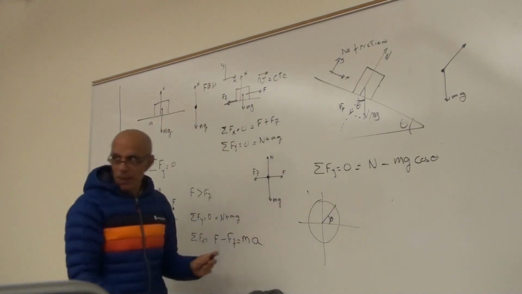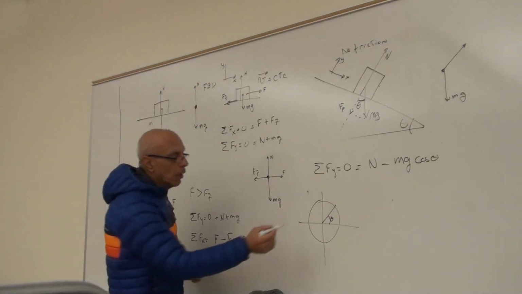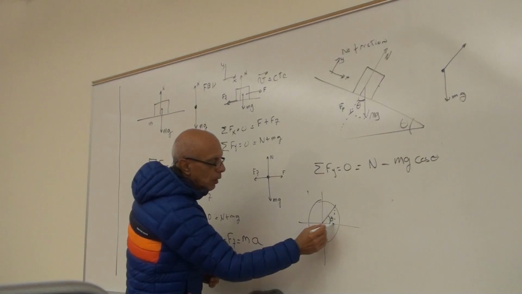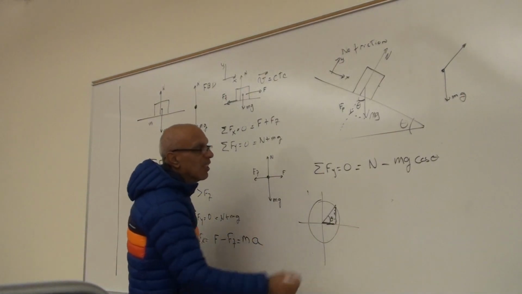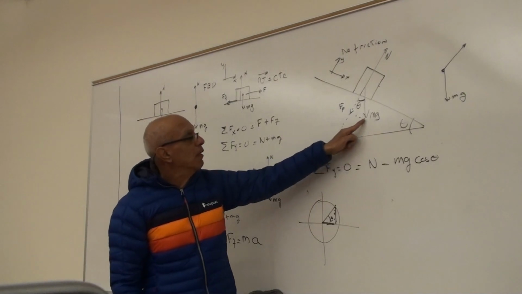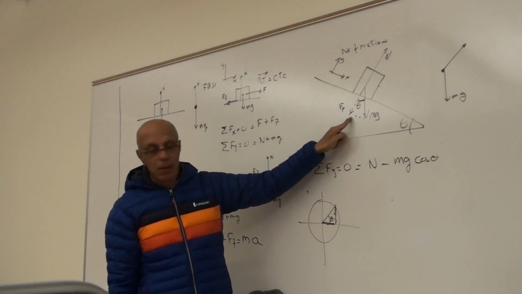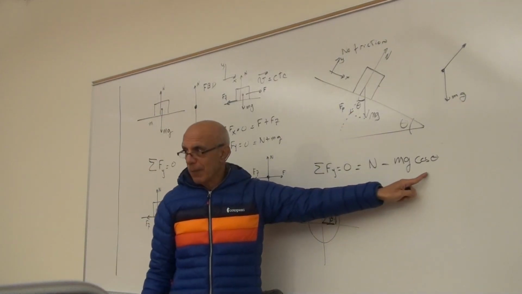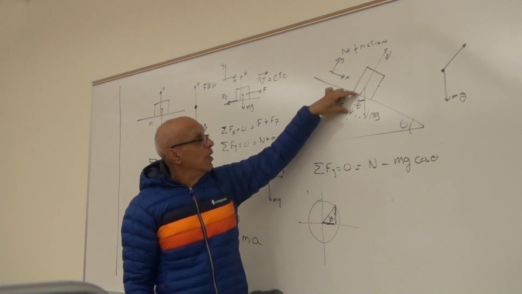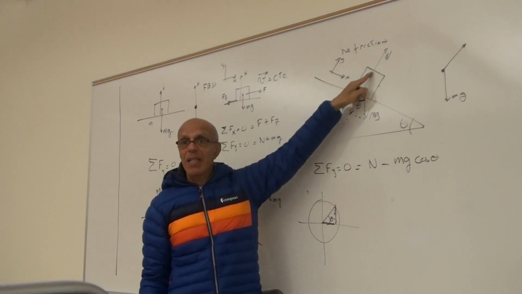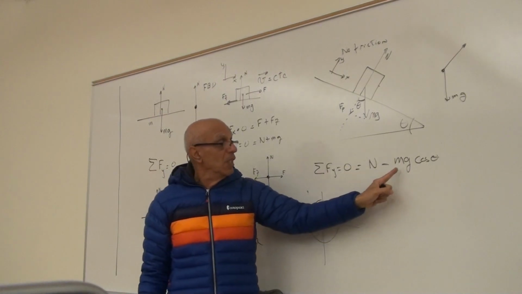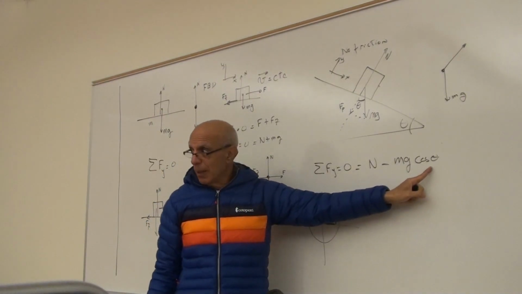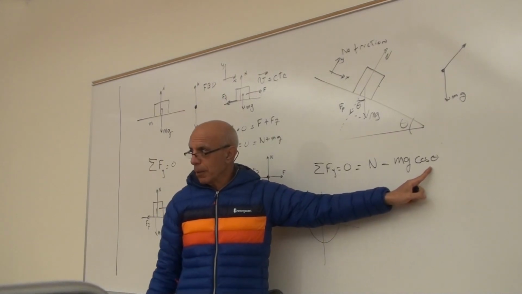What is the sine? What is the cosine? The cosine is this projection here, and the sine is this one here. So if I'm projecting this, and this is the angle, it's going to be cosine. So this force that is balancing out the normal force is mg cosine theta. Is that clear?